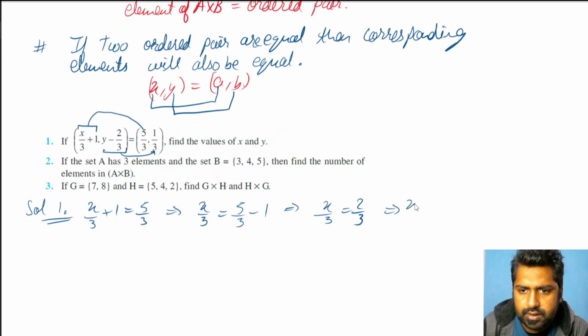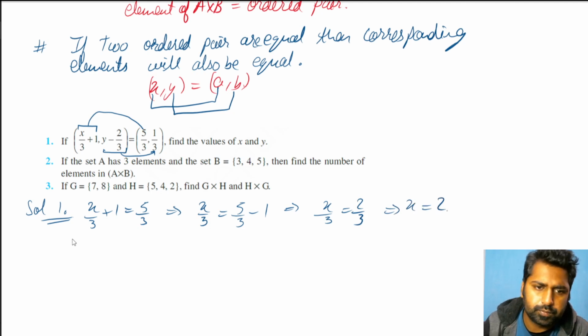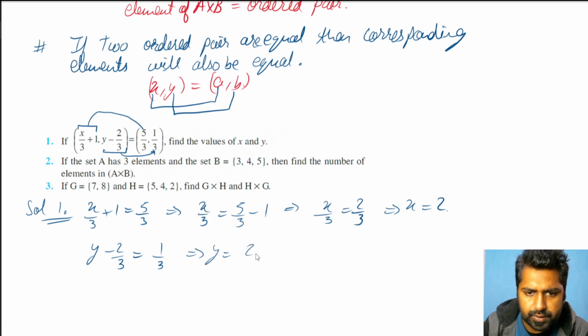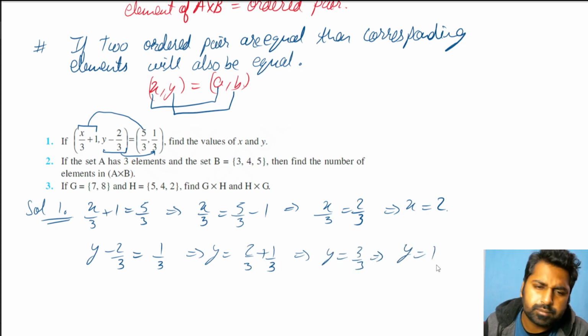That gives x is equal to 2. Similarly, you can solve for the other one. y minus 2 by 3 should be equal to 1 by 3. y is equal to 2 by 3 plus 1 by 3. y is equal to 3 by 3. That's y is equal to 1. Very straightforward.